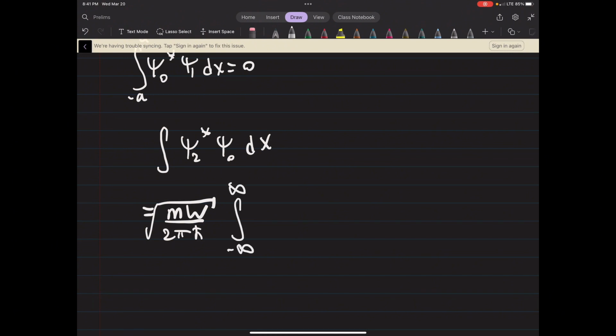We're multiplying them. And then we integrate over all space. So we just plug this in, h bar x squared minus 1, e to the minus m omega over h bar x squared.